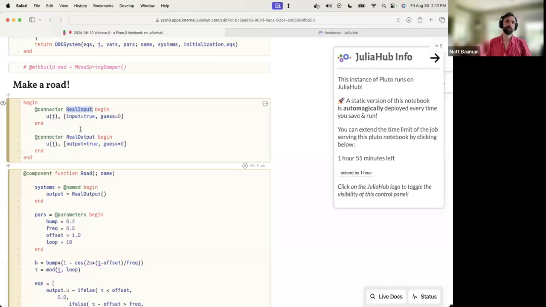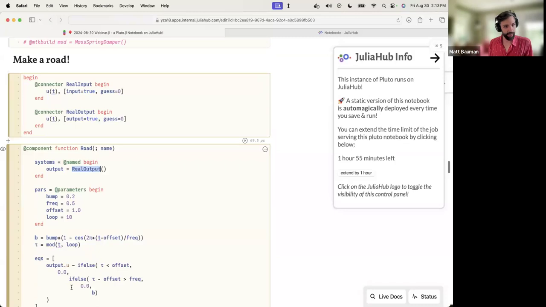And this means that there's not forces or other things. It's just a value that we want to propagate and use as an input to our system, right? So we have a real input and a real output. The output of this numerics here, this funny way of creating a bump in the road, is going to be used as an output from our road.